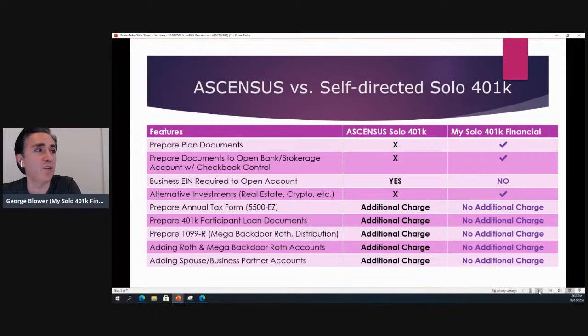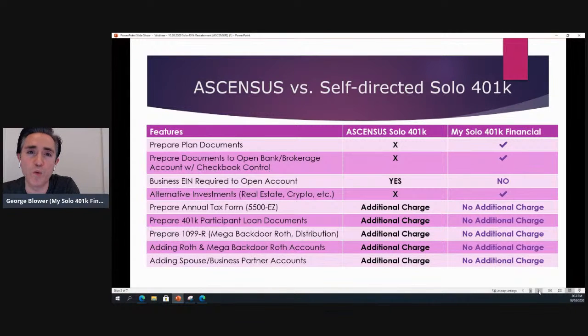The next item here is opening an account. And so while you will be able to open up an account with checkbook control with an ASCENSUS plan, you have to prepare your own documents again. So it follows the same pattern.